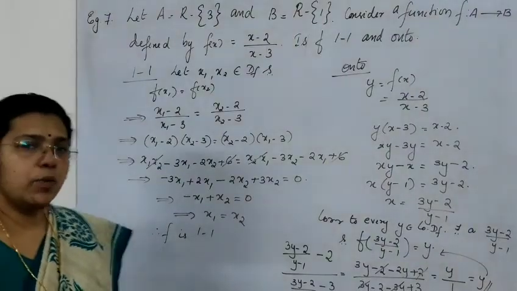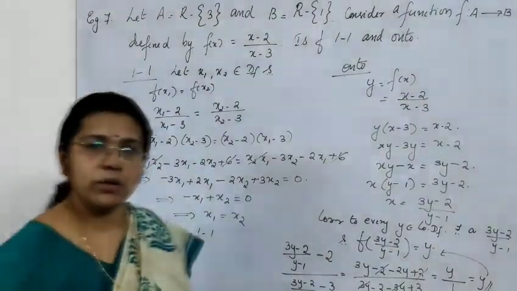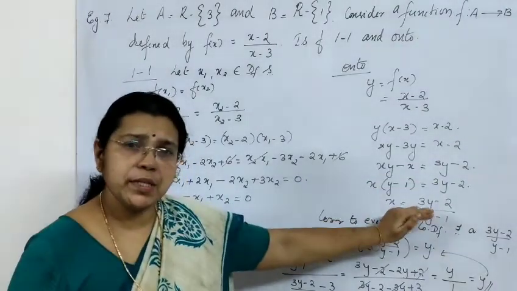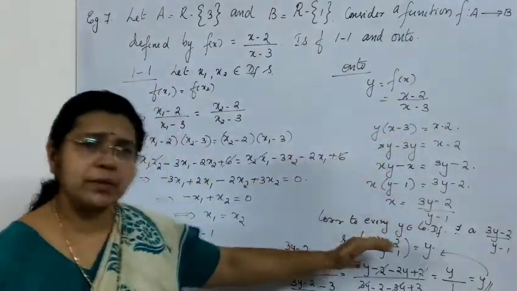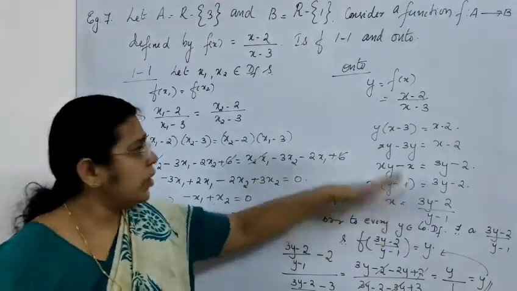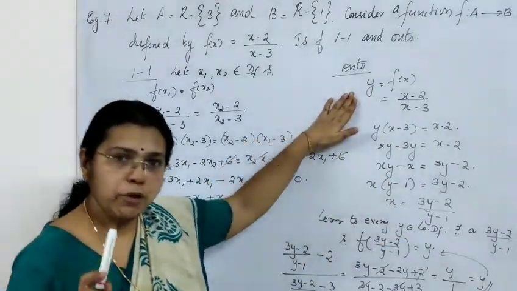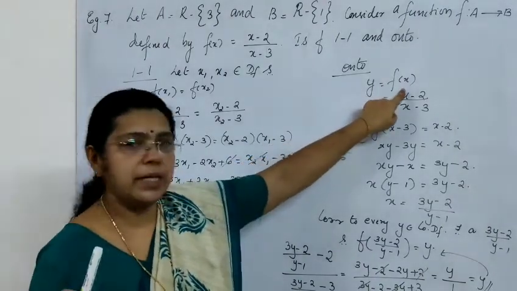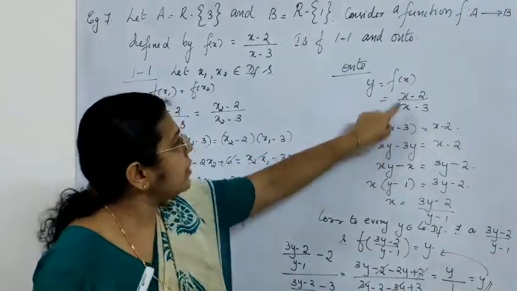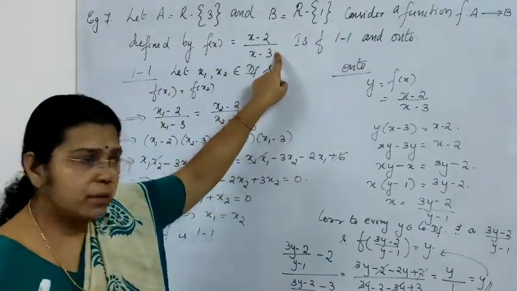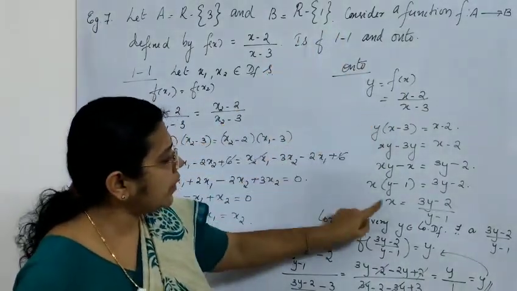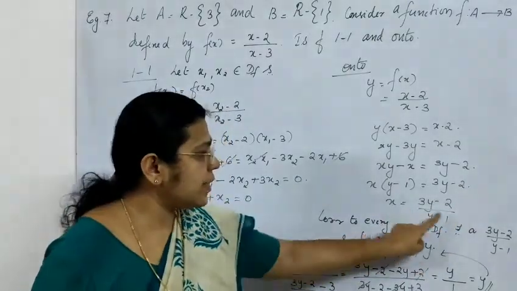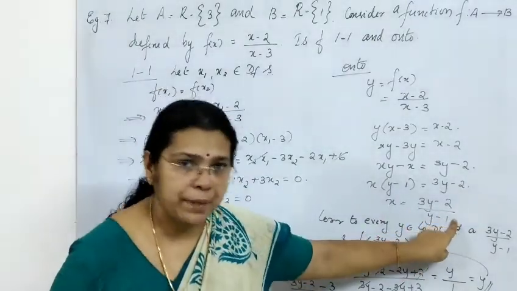Am I clear? So, once again children, to check for ontoness, I think it is clear to you. There might be some confusion here, but just go through two or more questions and you will understand it more. To check for ontoness, I substitute y is equal to f of x. f of x is the same expression that is there in the question, and then I solve for the required value of x, that is, x written in terms of y.